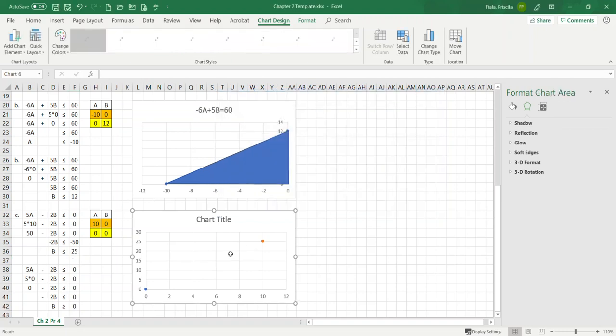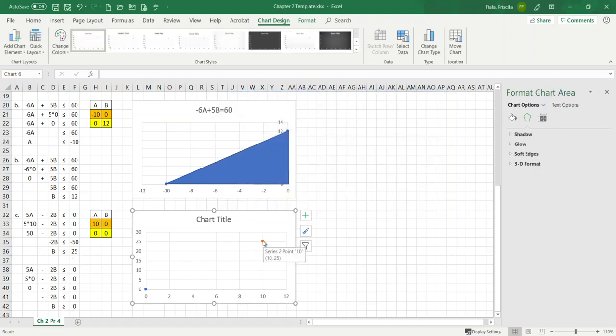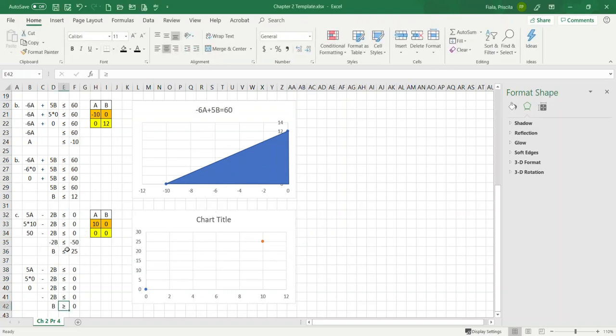And now you can see I actually have another point right here. But do keep in mind that you have to switch now. Remember, instead of less than or equal to, I switch because I multiplied both sides by the negative. Now I have a greater than or equal to.